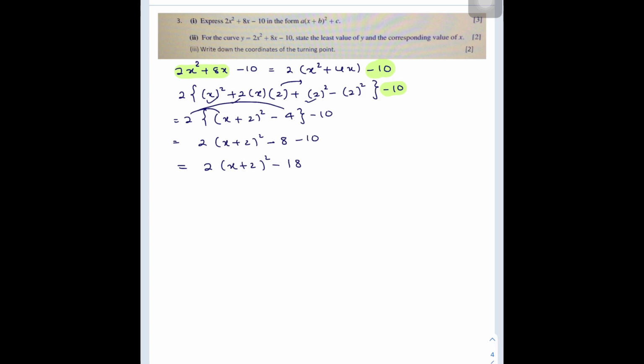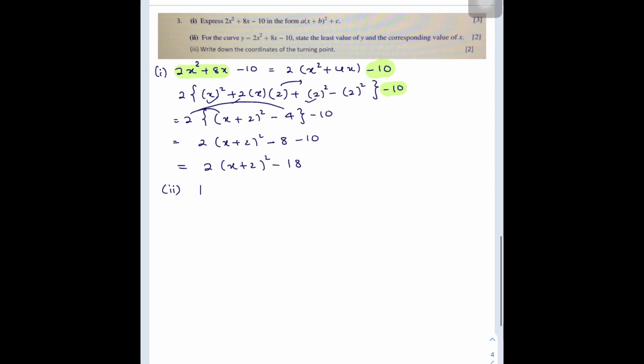Alright. Now it says for the curve y equals 2x squared plus 8x minus 10, state the least value of y and the corresponding value of x. So that's part 1.